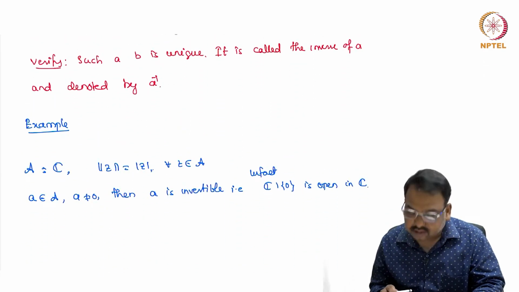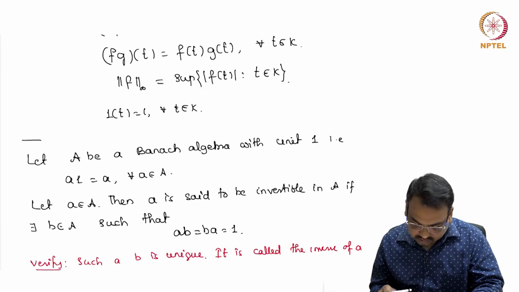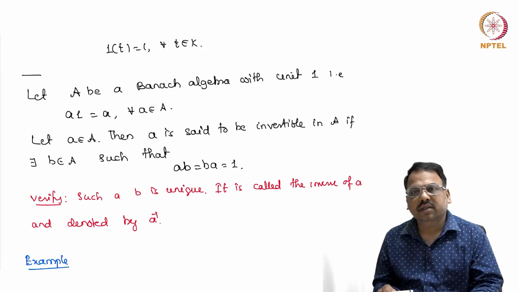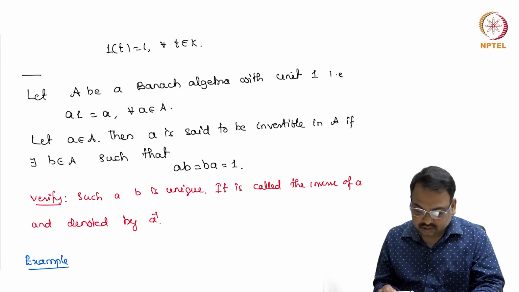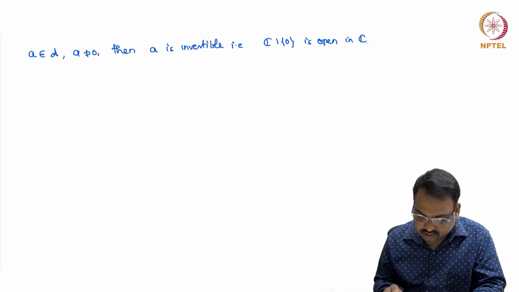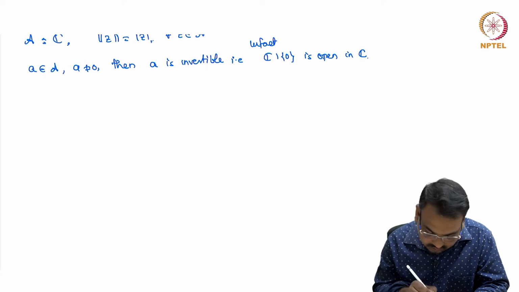So before generalizing this result to a Banach algebra in the general setting, let us make one comment: we can always assume that all the algebras are unital with unit 1, and we also assume that the norm of the unit is 1. So these are the assumptions we make.